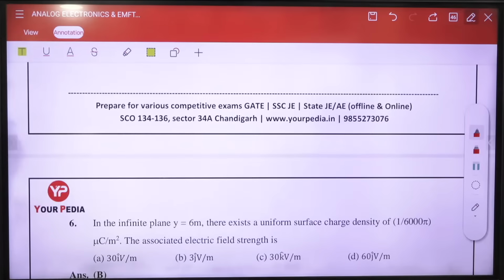Yes. An infinite plane at y equals 6 meter has a uniform charge density of 1 by 600 pi microcoulomb per meter square, the associated electric field strength.